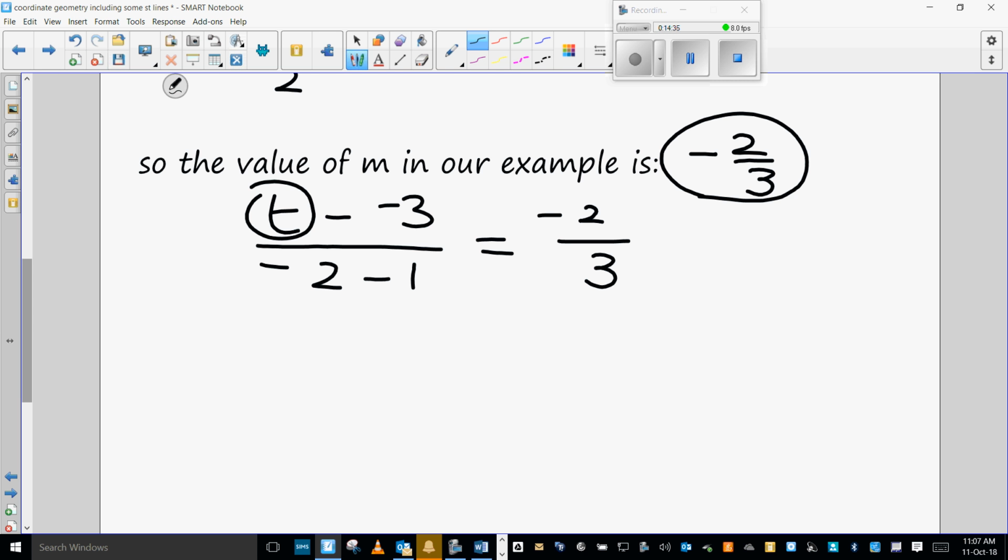So now we can start simplifying and sorting this out. We can change this to be t plus 3 because we're taking away a negative value. You've got negative 2 subtract 1, which is negative 3, equals negative 2 over 3. If you don't like multiplying fractions by anything, you can cross multiply, but you're actually making life hard for yourself.